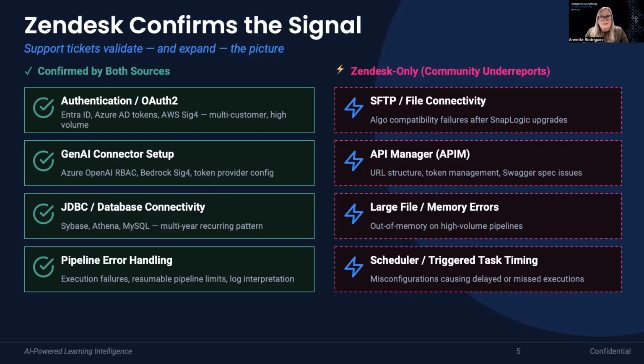The support data also revealed topics that users weren't discussing publicly as often, such as SFTP compatibility issues, API management challenges, large file processing, and also scheduling problems. By combining both of these views, we gained a much clearer picture of where users are succeeding and where they're struggling.